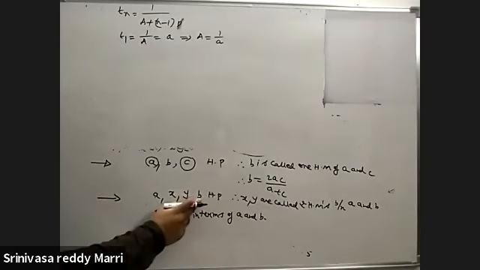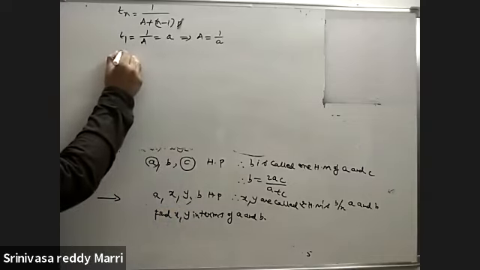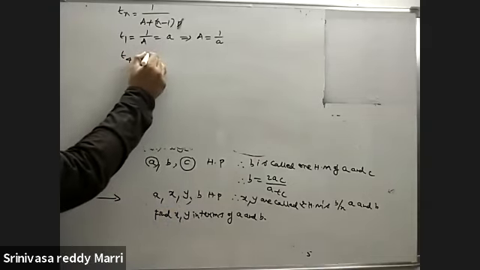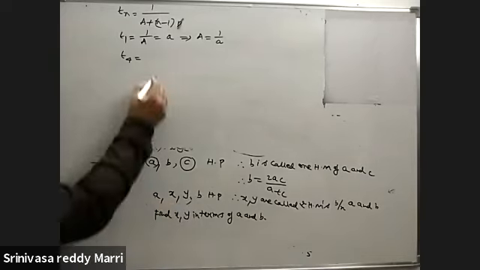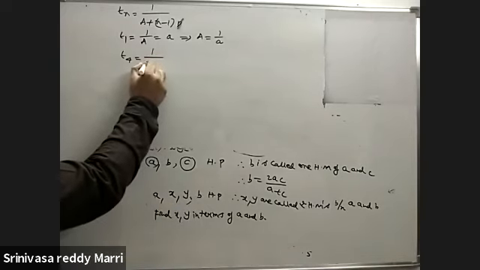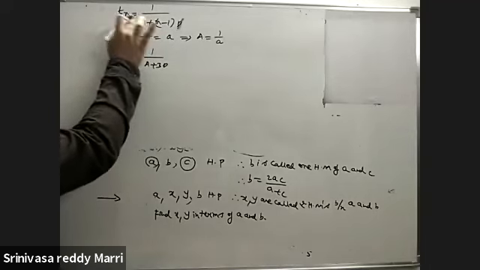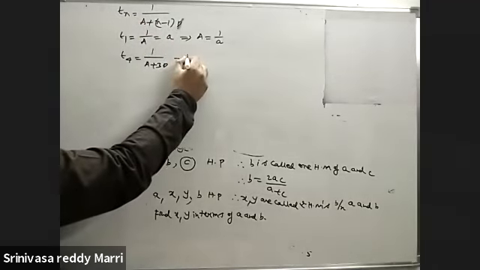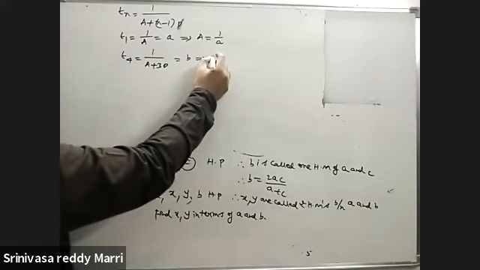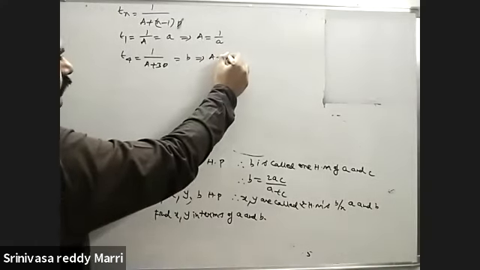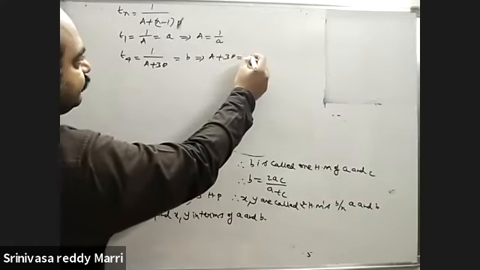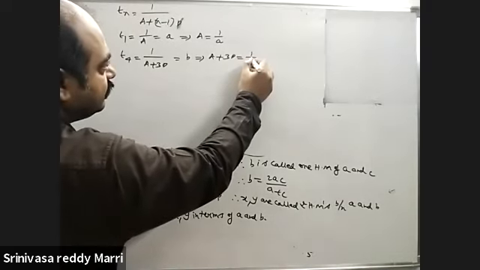Now look at b, that is the fourth term. That means A plus 3D equal to 1 by b.